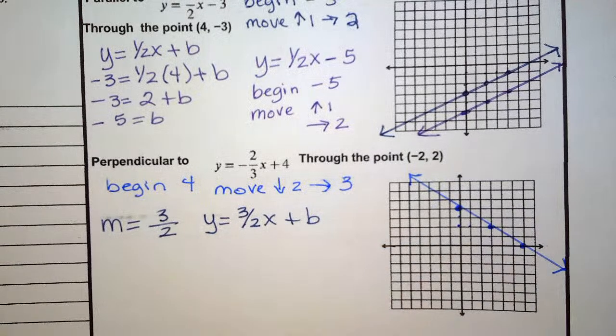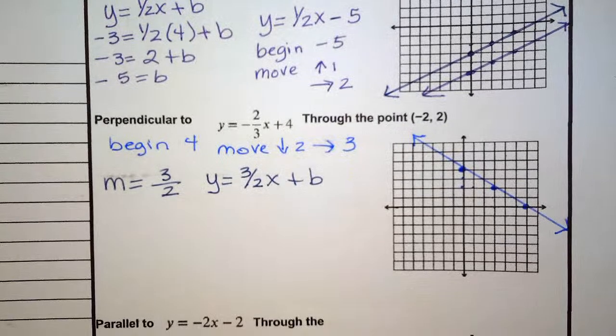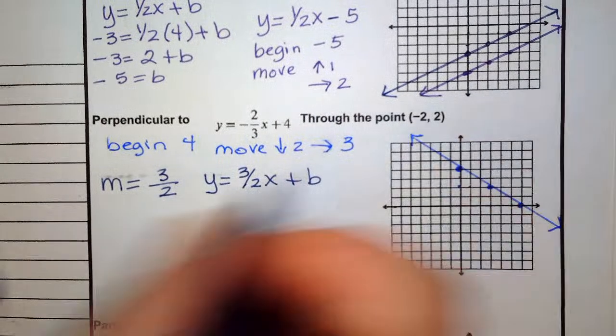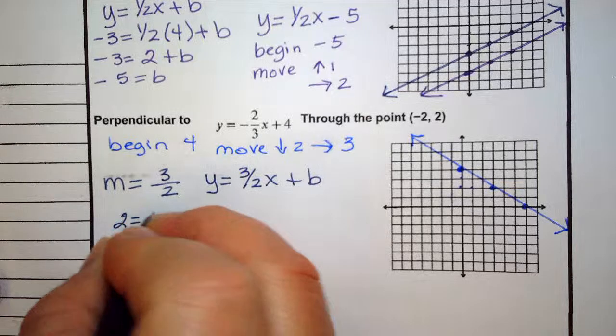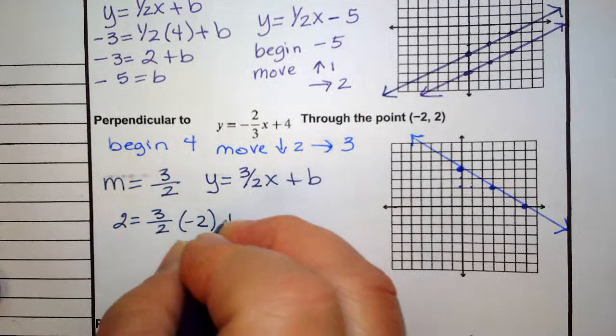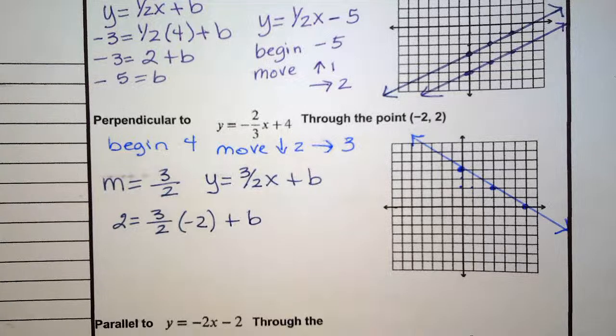Now I have to find b. I've got the point negative 2, 2. So 2 equals 3/2 times negative 2 plus b. Take a minute, make sure you're understanding how we set this up.